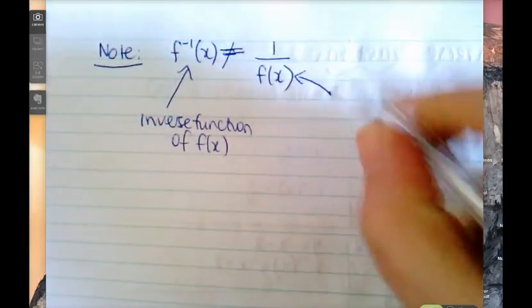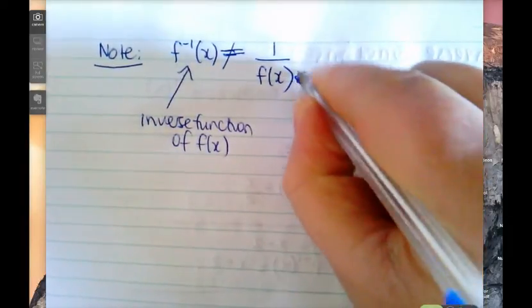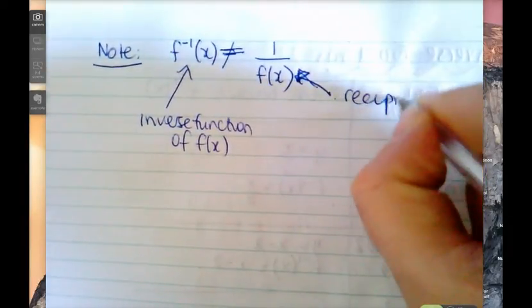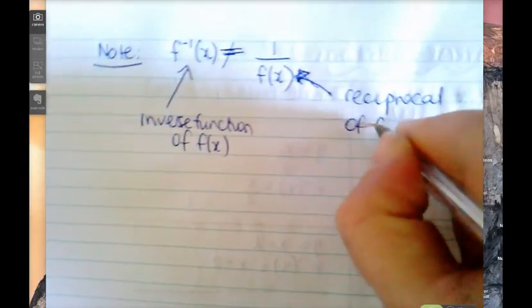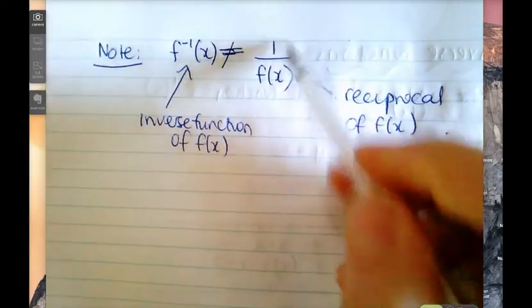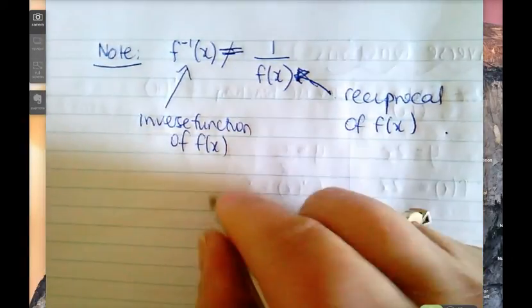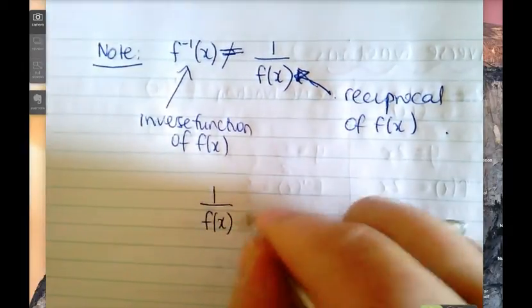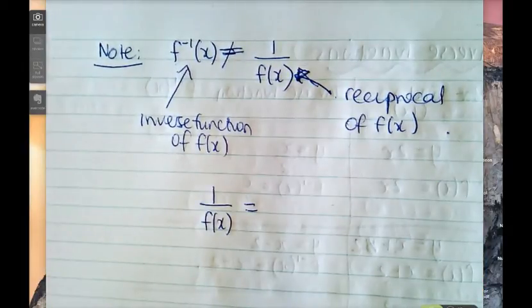This whole thing means the reciprocal of function of x. So they are different. F to the minus 1 of x does not mean 1 over function of x.